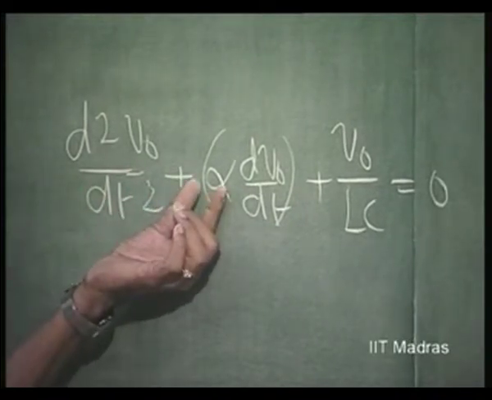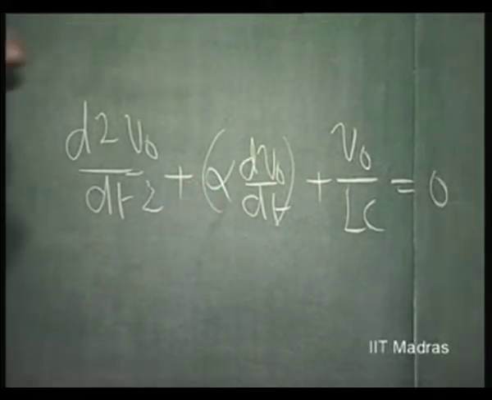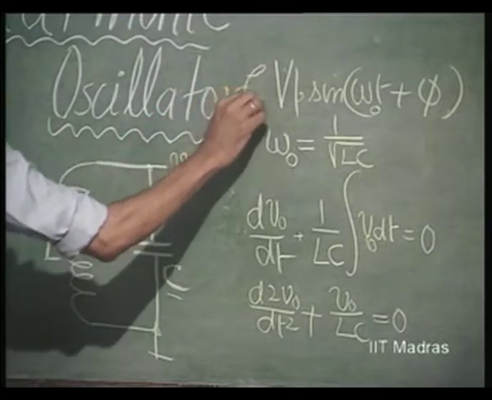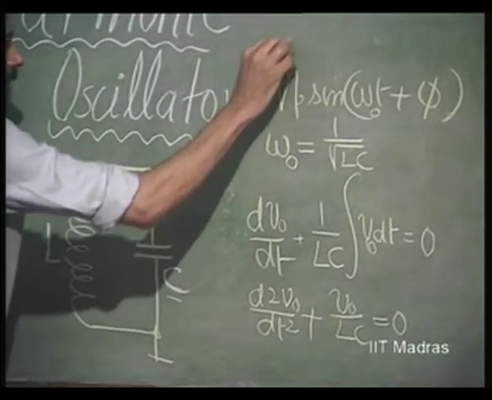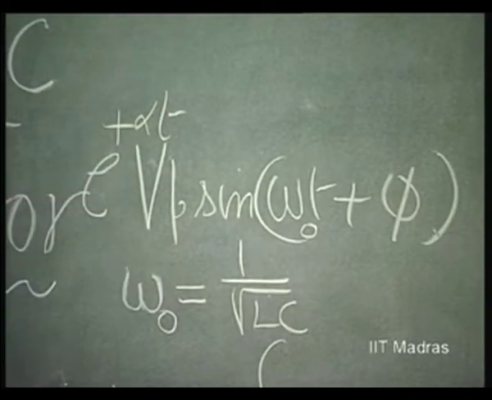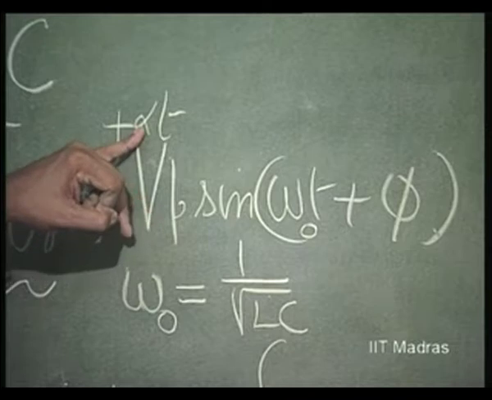So, if alpha is positive, then it will decay and go to 0. Basically, this alpha is going to determine whether it is going to be growing with respect to time or decaying with respect to time. If alpha is 0, it is constant.